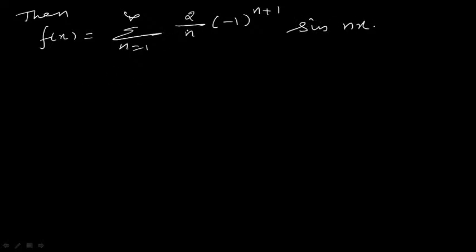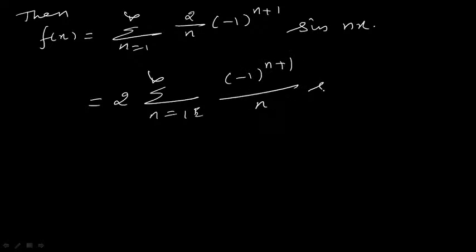Next, here you have to take the constant outside of the summation. 2 alone is a constant, so take it outside of the summation. So sigma n varies from 1 to infinity, minus 1 whole power n plus 1 divided by n, sin nx. This is the Fourier series representation of the given function f of x is equal to x.